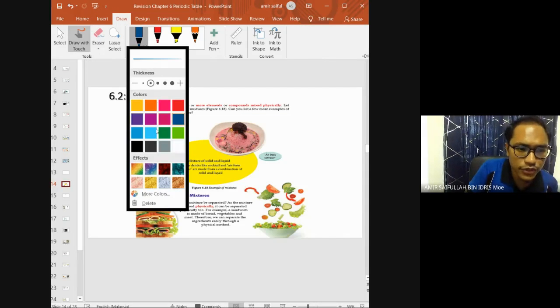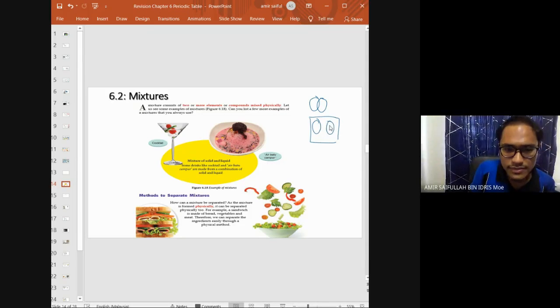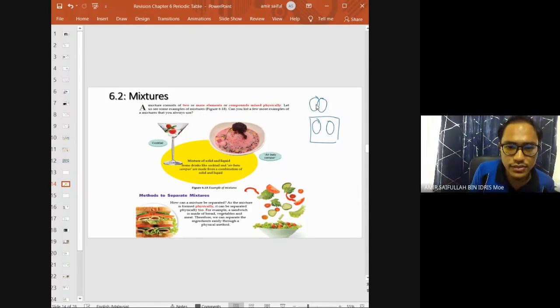What is the difference between chemical? Chemical means they will combine together. But physically, they are in one area, in one place, but they are not mixing together. That is physically. This one is chemically. This one is physically.